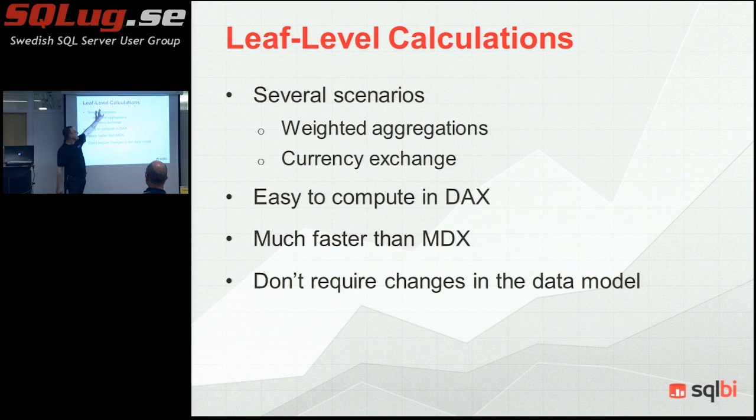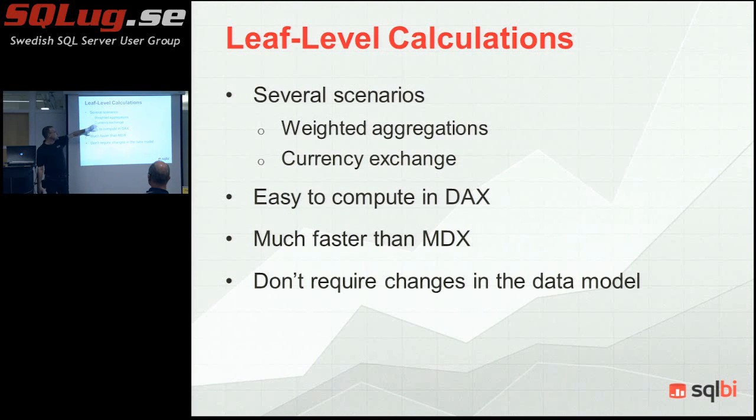Weighted aggregation is, again, something that it might be useful to compute at leaf level because you want to take the aggregate of a value by weighting it with some numbers. And this is not a simple aggregation, but you need to aggregate a multiplication divided by the simple aggregation. They are very easy to compute in DAX, and they are incredibly fast to compute in DAX.